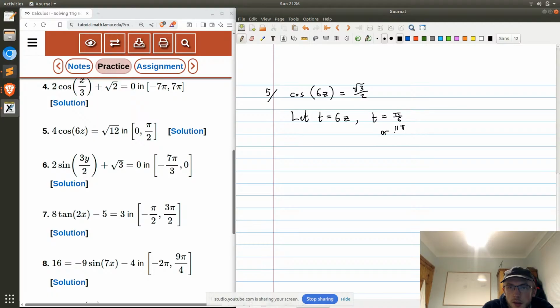Let's see, how can I be systematic about this? So then we would get multiple solutions outside of this range. So let's think here. So it's literally 2 1/6 of pi, 4 1/6 of pi, and so on and so on.